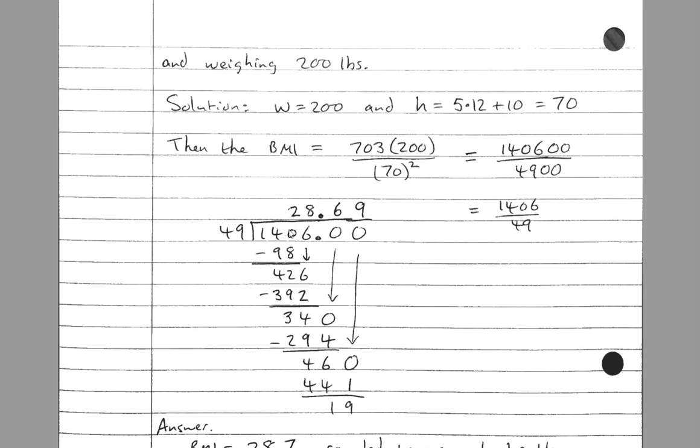Put the 2 above the 0. 2 times 49 is 98. Subtract. That's 42. And then just keep going and keep bringing down the next number. I added the decimal point here. We're dividing by a whole number, so the decimal point goes here in the answer.